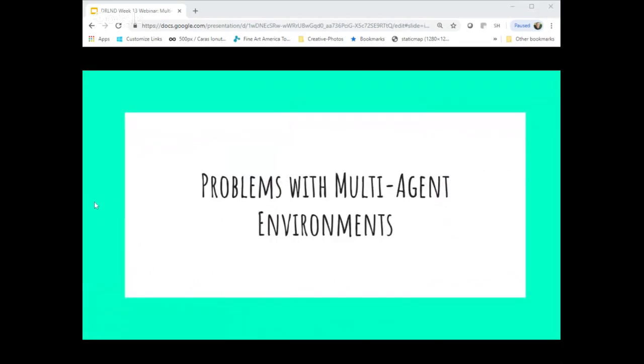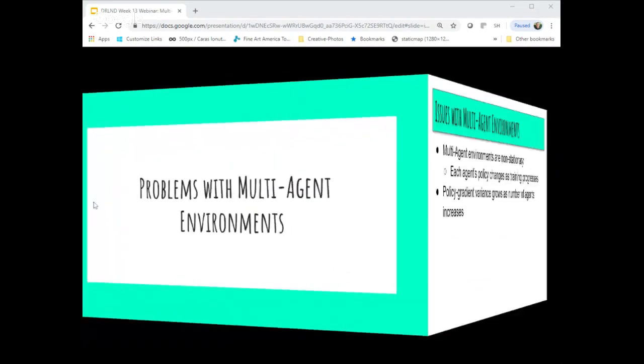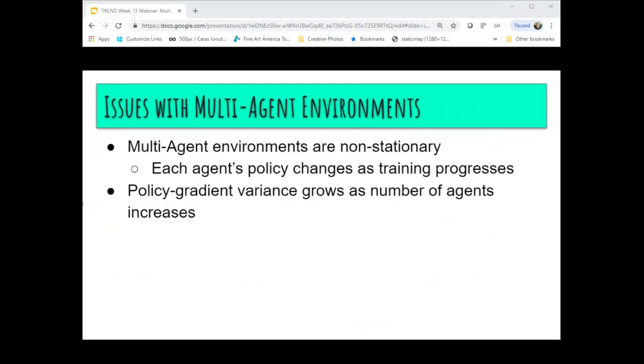So to begin with, there are a couple of problems with multi-agent environments. Let's talk about those. The first one complicates learning, and it's when environments are non-stationary. Typically in the environments we've talked about in the past, the environment is pretty much the same from episode to episode, and the agent can run multiple episodes and see the same things in different states. It would see the same observations and be able to fine-tune the actions to take in those particular states.